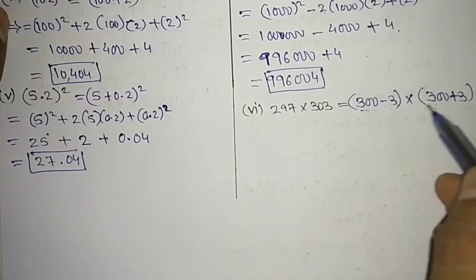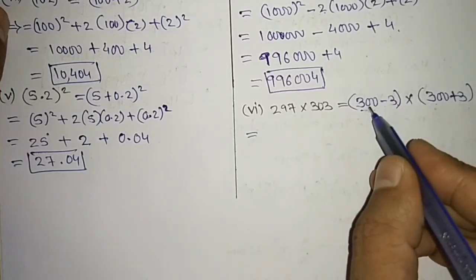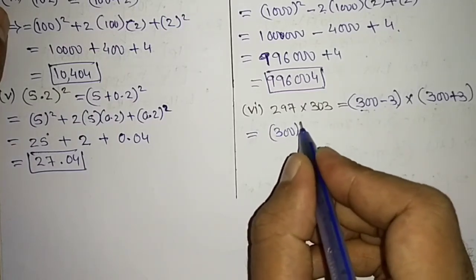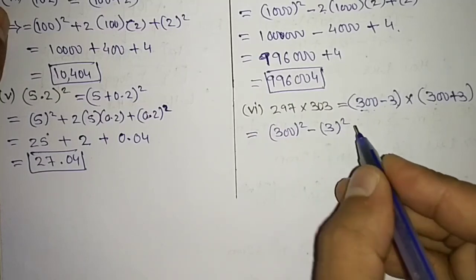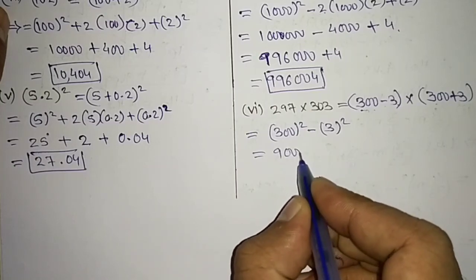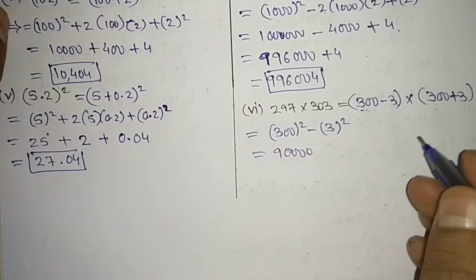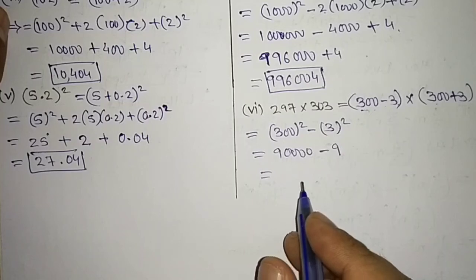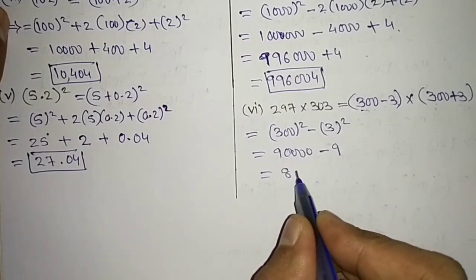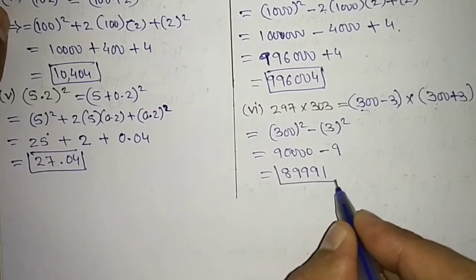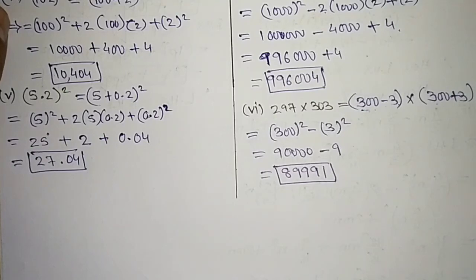The b are the same, the a are the same, and we have one identity, that is a minus b into a plus b is a square minus b square. This is the identity. So 3 3s will give me 9 and 4 zeros, that is 90,000 minus 9, and that will give me 89,991. So this is what we can solve using the identities.